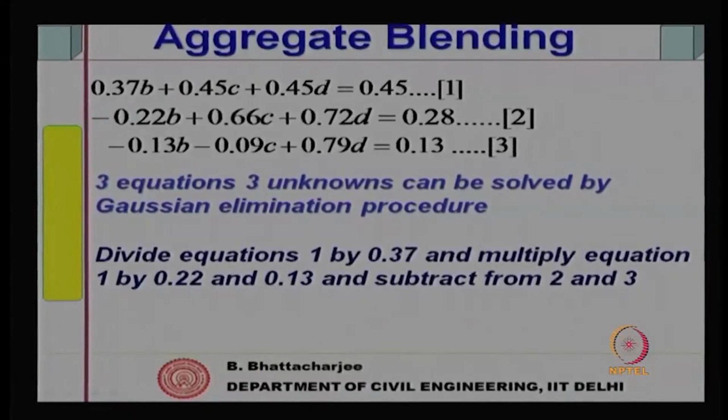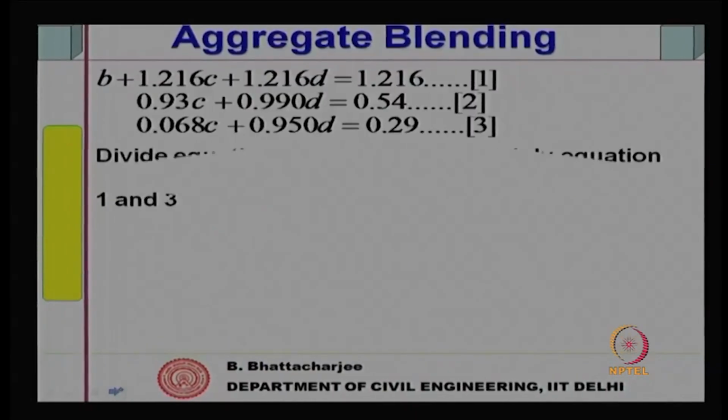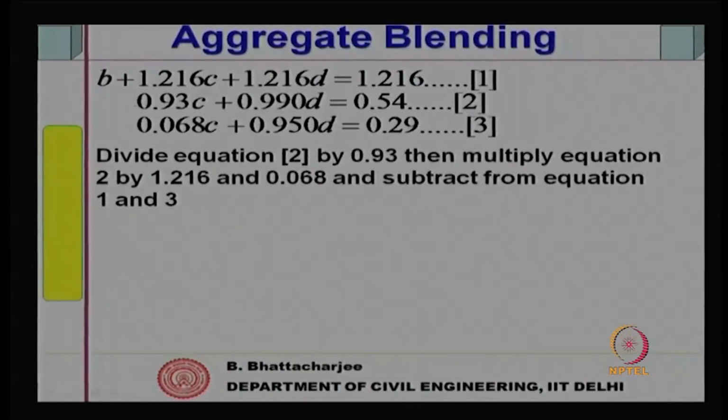So, that means divide equation 1, if these are the 3 cases, just for example purpose, divide this by 0.37 and multiply equation 1 by 0.22 and add, and 0.13, right, and divide this by 0.37, multiplied by 0.22 and multiplied by 0.13 and simply add, you will eliminate B, right, and if you do that, the equation you then get is something like this.